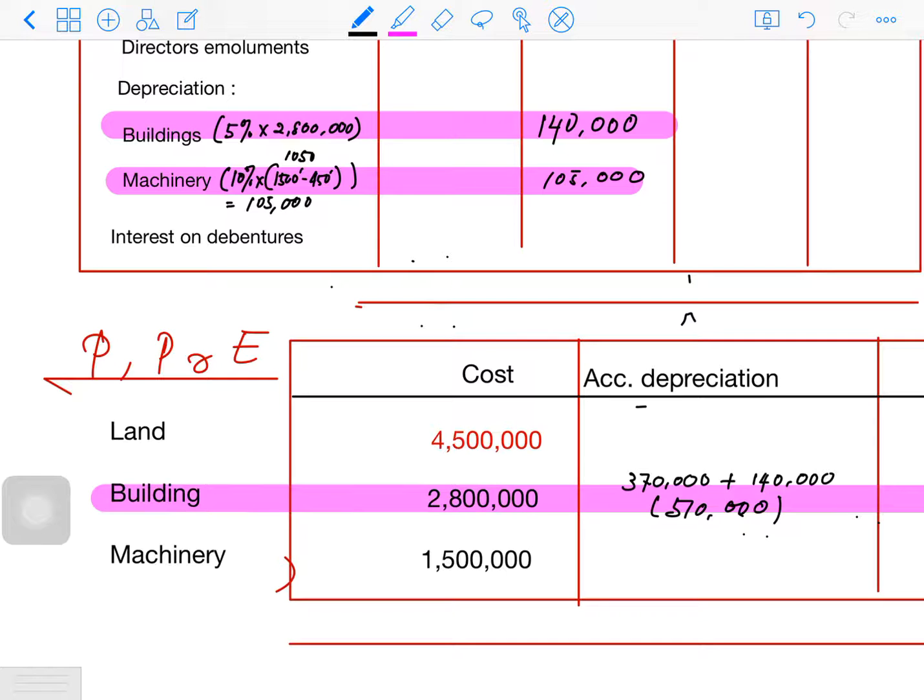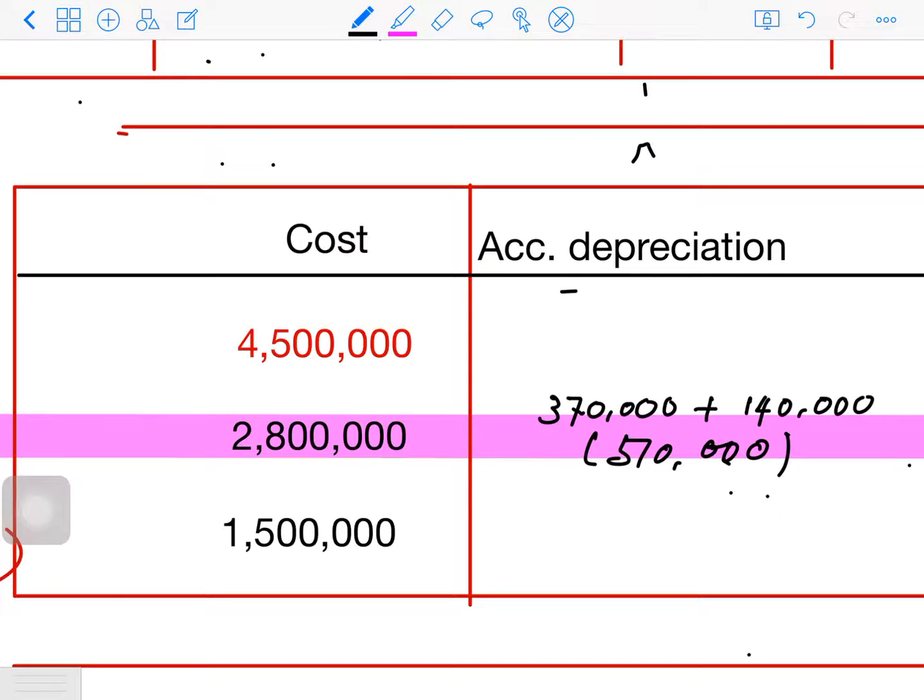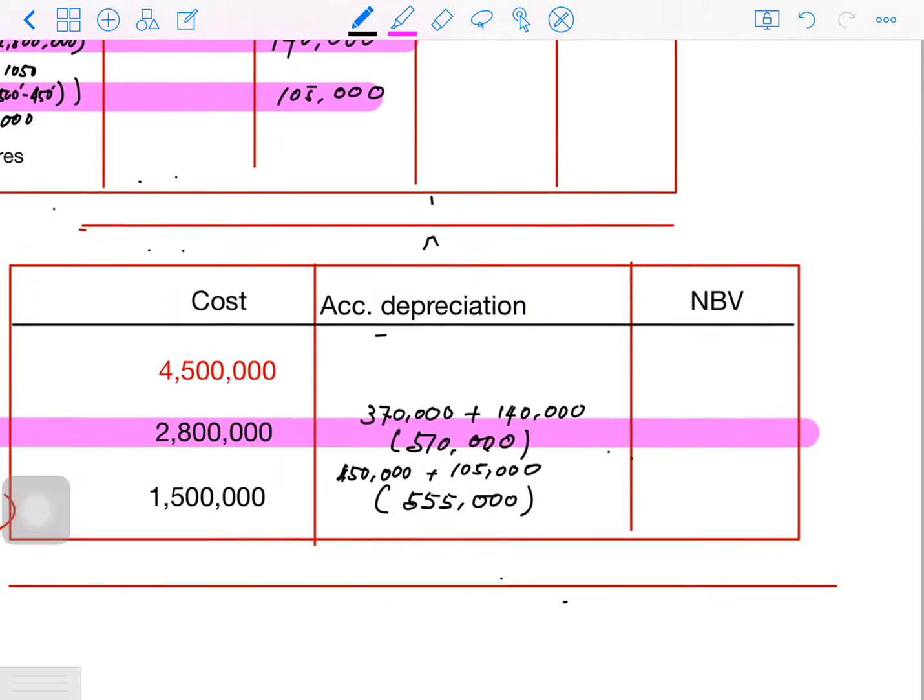It should be 450,000 here plus 105, so you should get 555. 555 as accumulated depreciation for the year.